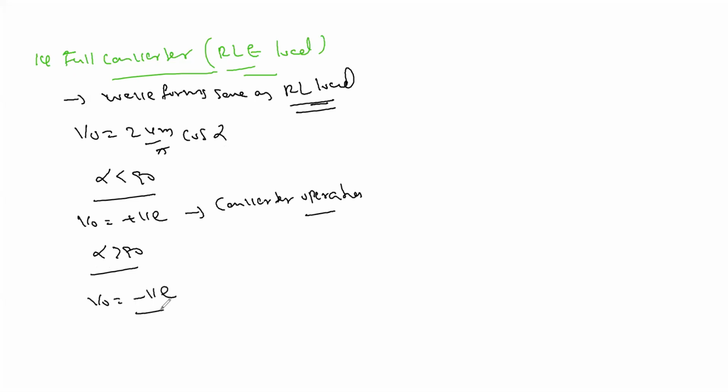V naught is negative here. This is inverter grade operation. Or I would say here now, line commutated inverter. So how would I write here now? For example, this is the one I was talking about.